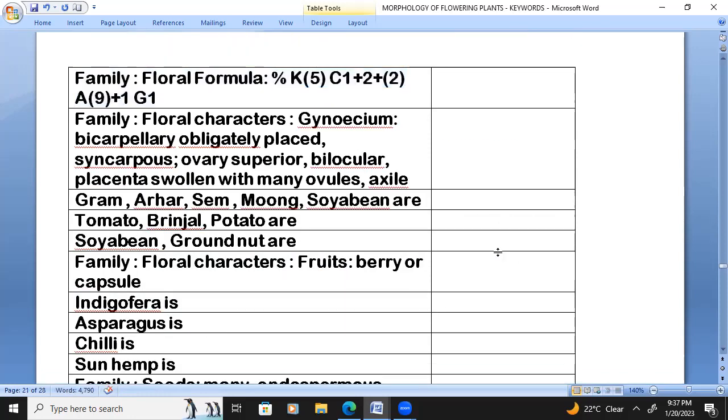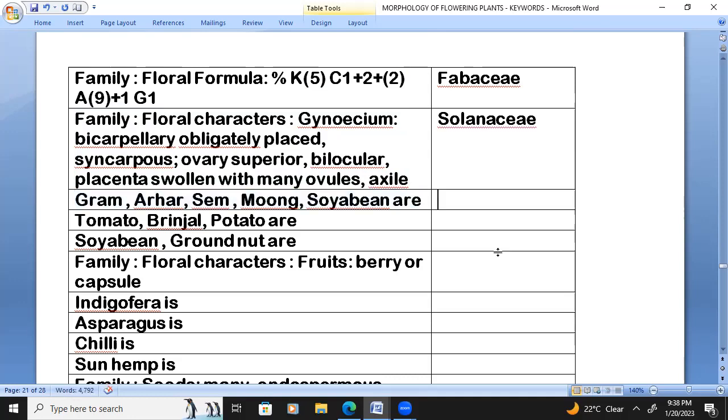Floral formula. The given floral formula belongs to Fabaceae. Floral characters, gynoecium bicarpellary, obliquely placed, syncarpous, ovary superior, bilocular, placenta swollen with many ovules, Solanaceae.